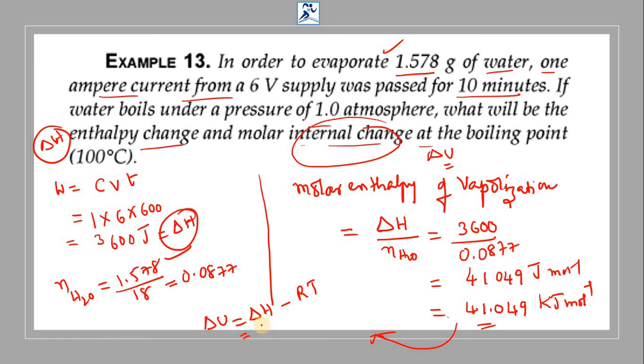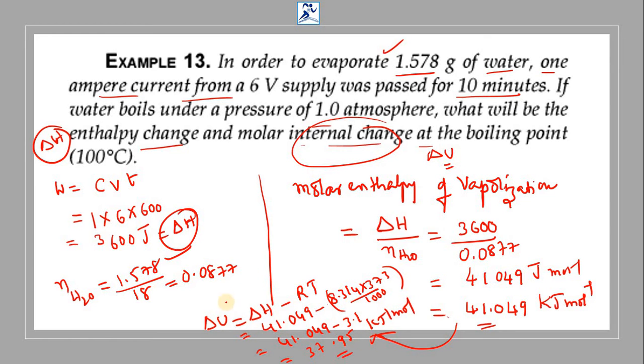If you substitute 41.049 as well as the other values, R value 8.314 into temperature 373 Kelvin, divided by 1000 to get the answer in kilojoules, we get 41.049 minus 3.1, and finally after the subtraction you will get 37.95 kilojoules per mole.